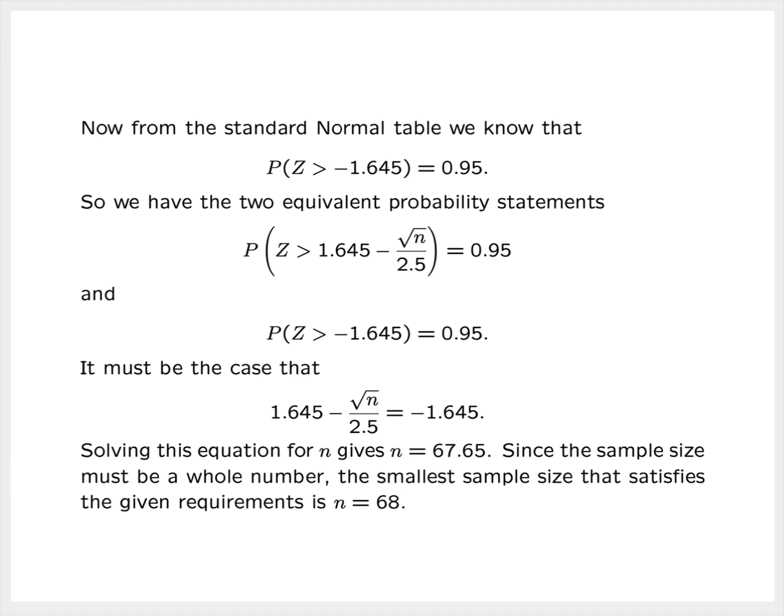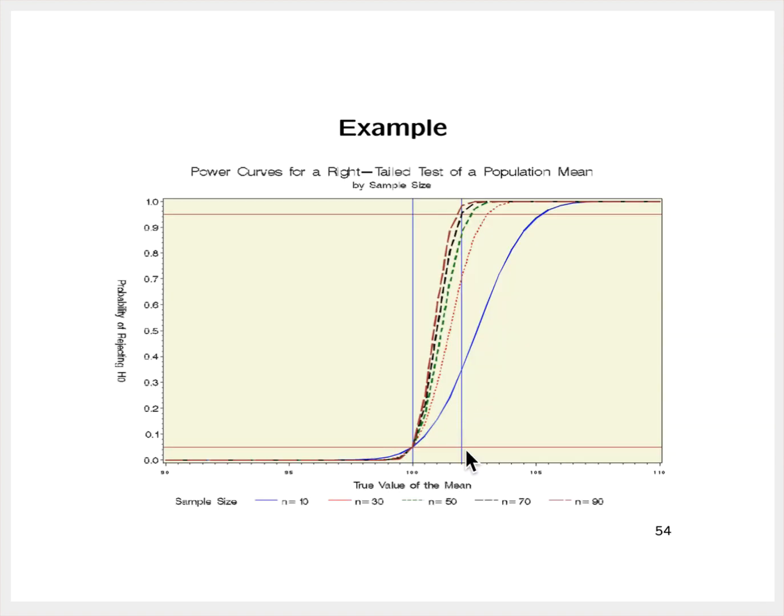Now, here on this next slide is a graphical representation of this problem. And so here again, we've got this right-tailed test. So here we have power functions for a right-tailed test. The null hypothesis being that mu is less than or equal to 100, which is represented here. And the alternative is that mu is greater than 100.